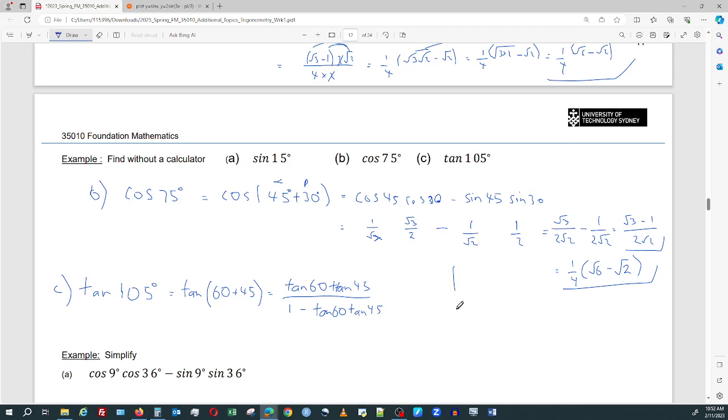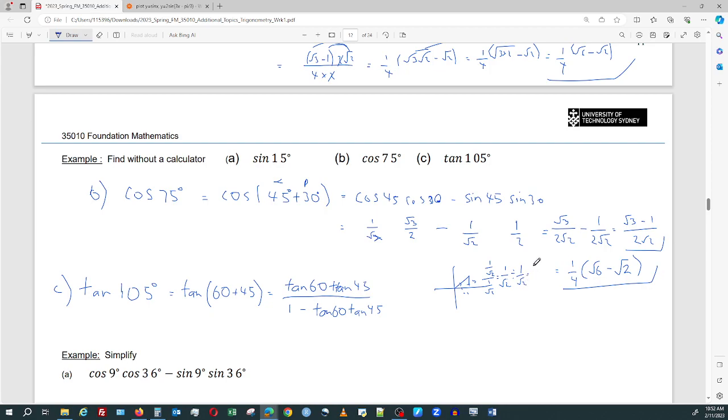So for our exact values tree, 45 looks like this. Tan theta is y over x, or 1 over root 2 divided by 1 over root 2, which equals 1. How's your gymnastics going?